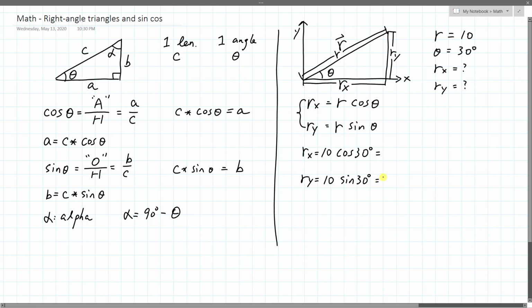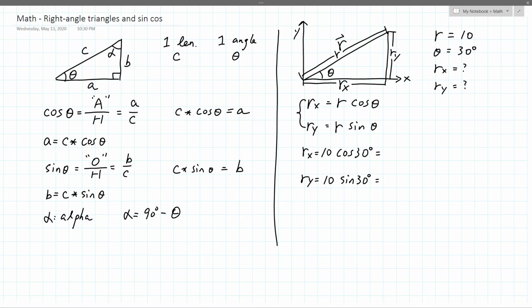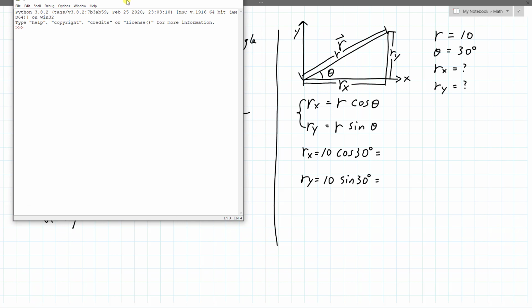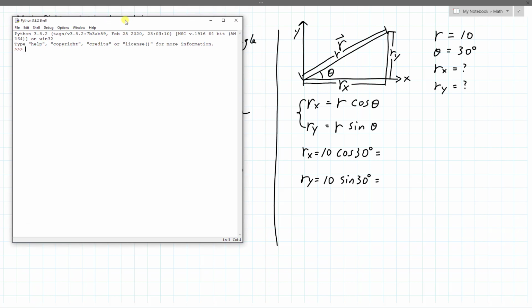Okay, so let me pop up my calculator, which is Python, and we'll do some calculations. This is again Python, so this is my official calculator. And Python doesn't really know all these functions unless I do this, import math.